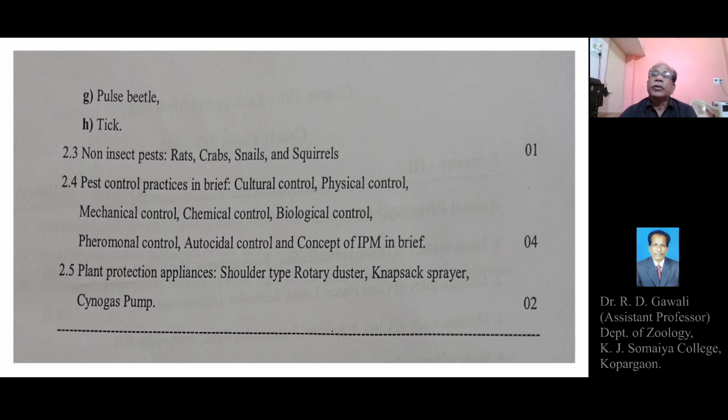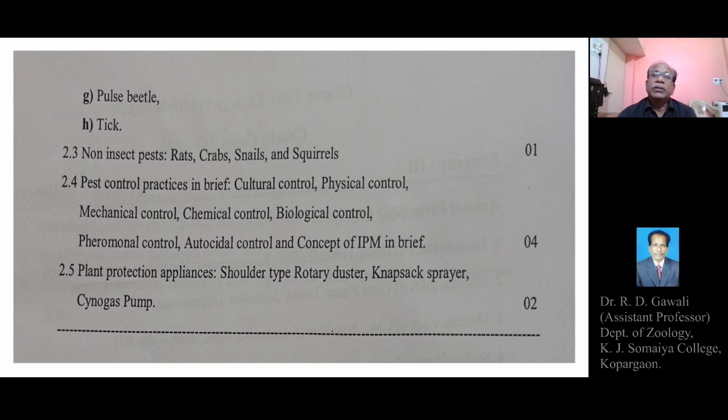Snails are also foliage feeders, attacking a number of herb or small low-lying crops, also the paddy field, and causing much loss of agricultural crops like rice or different herb type of crops, maybe vegetables also. The squirrels are vertebrate pests and can cause the loss or damage of crops like mango and coconut.